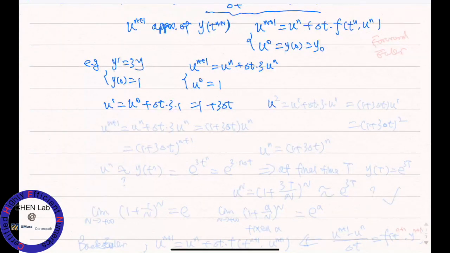What is u2? u2 is u1 plus delta t times 3 times u1, which is 1 plus 3 delta t times u1, which becomes 1 plus 3 delta t squared.